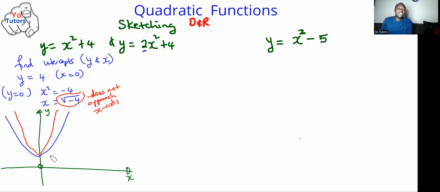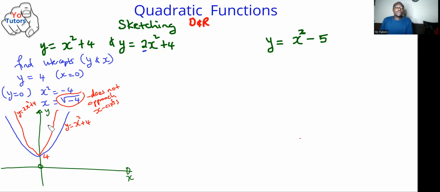Here we know that this is 4, and that's the graph of y equal to 2x squared plus 4. And this one here is y equal to x squared plus 4. So if you are asked to draw them on the same set of axes, that's how you should do it.